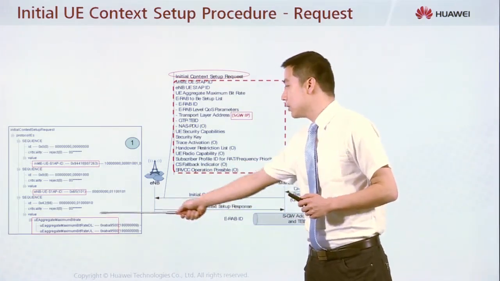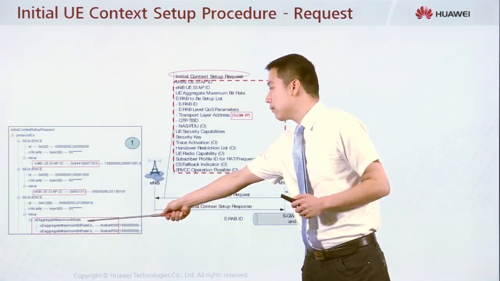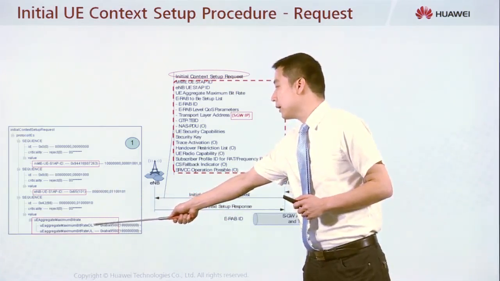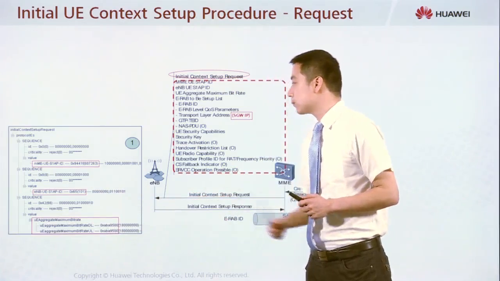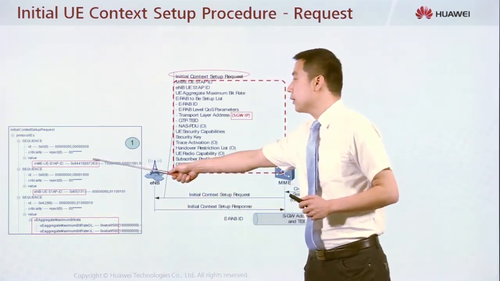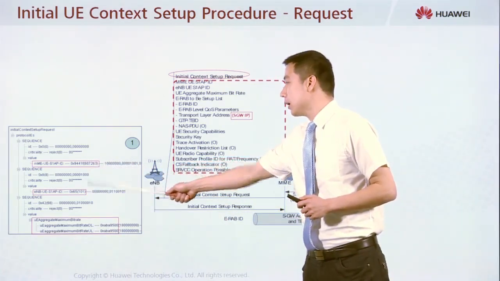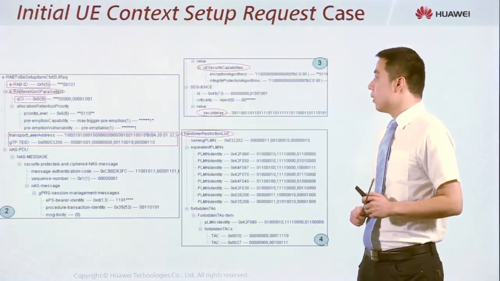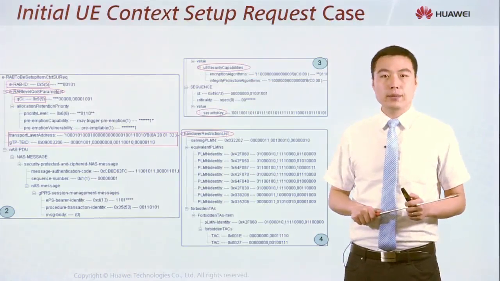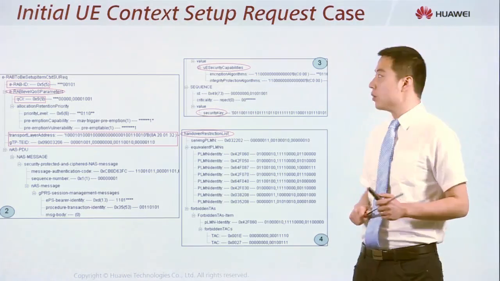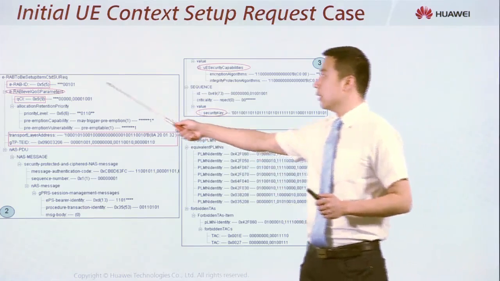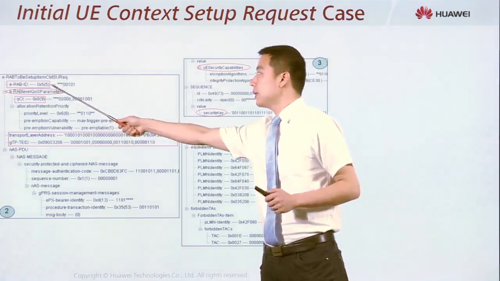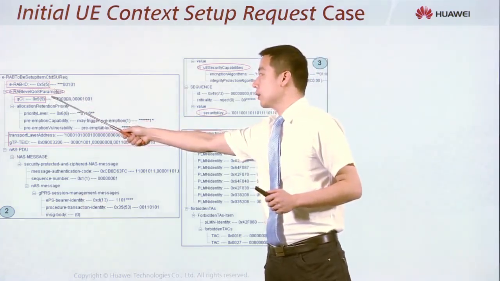For example, the UE aggregate maximum bitrate, downlink and uplink, and also including the ID of the UE and the eNodeB. Besides the UE aggregate maximum bitrate, we can also see some other parameters like this E-RAB ID and the QCI.